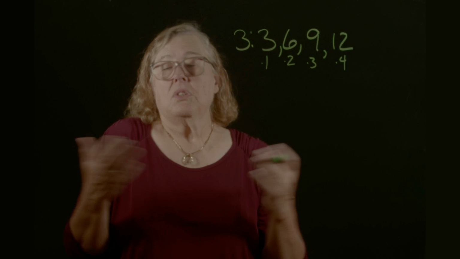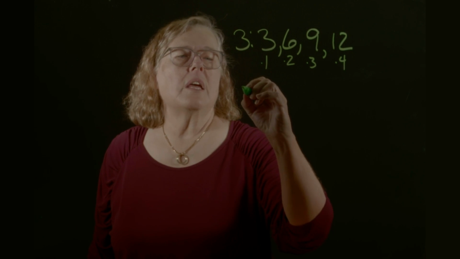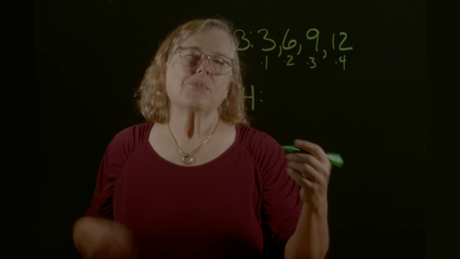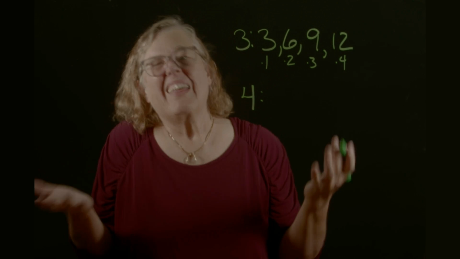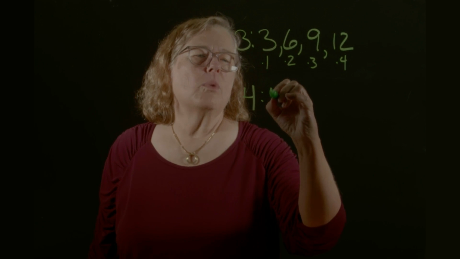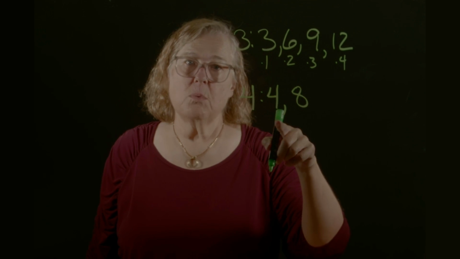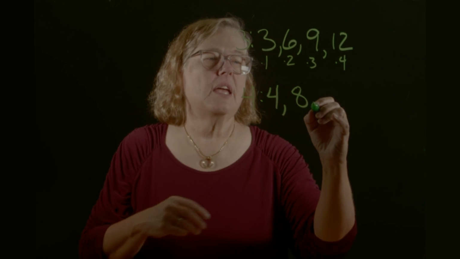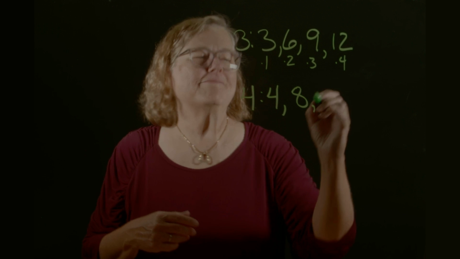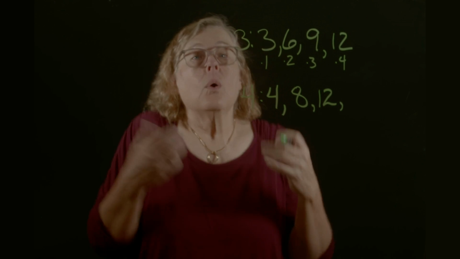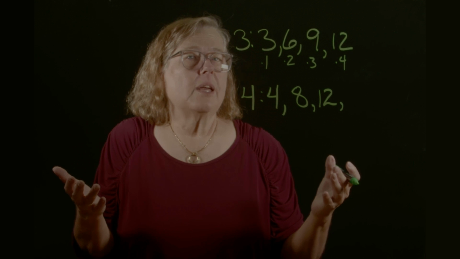Let's do another one. How about 4? What are the multiples of 4? I rewrite the first one. Some people don't. I think it's just up to you. So we've got 4. 8, we said 4 times 1 is 4. 4 times 2 is 8. What's 4 times 3? You got it, 12. If we add 4 more, or say 4 times 4, what do we get?